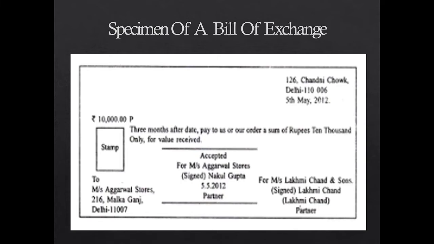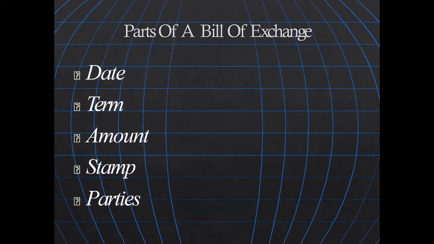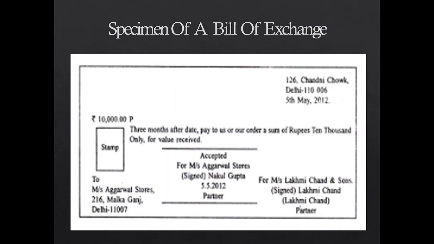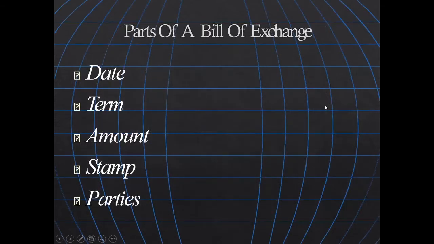This is explained with the help of the definition. And the contents of the bill: date, look at the date of the bill. It was mentioned 5th May 2012, the date of the bill. Another one is the term of the bill.